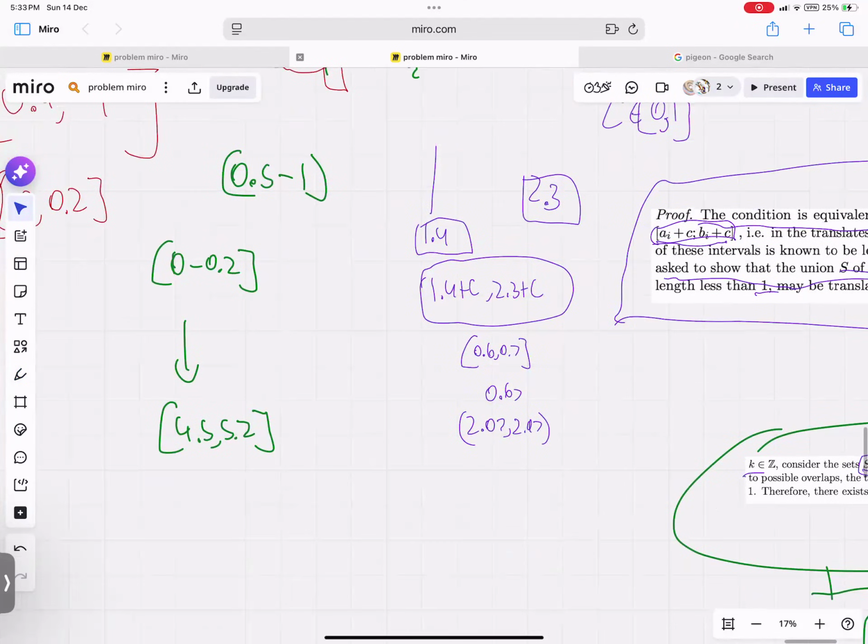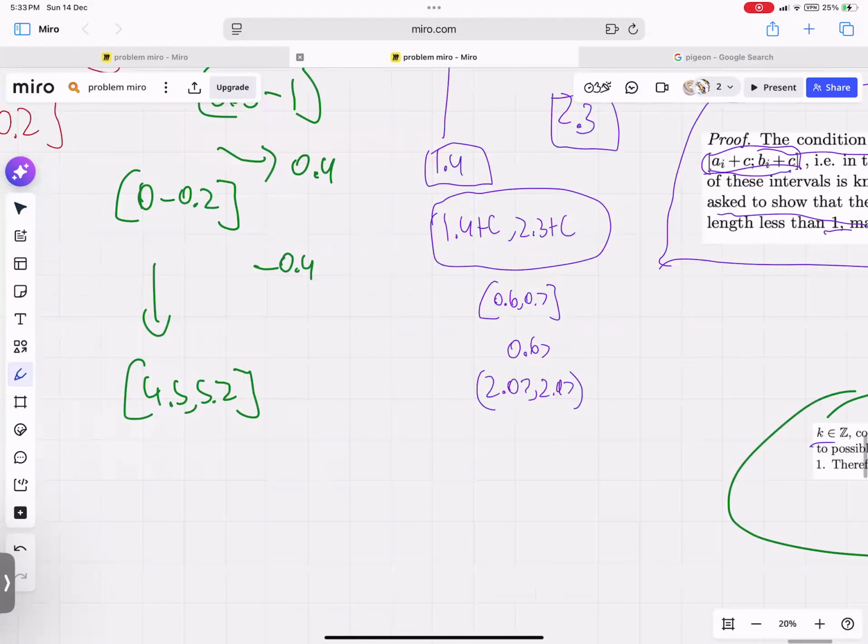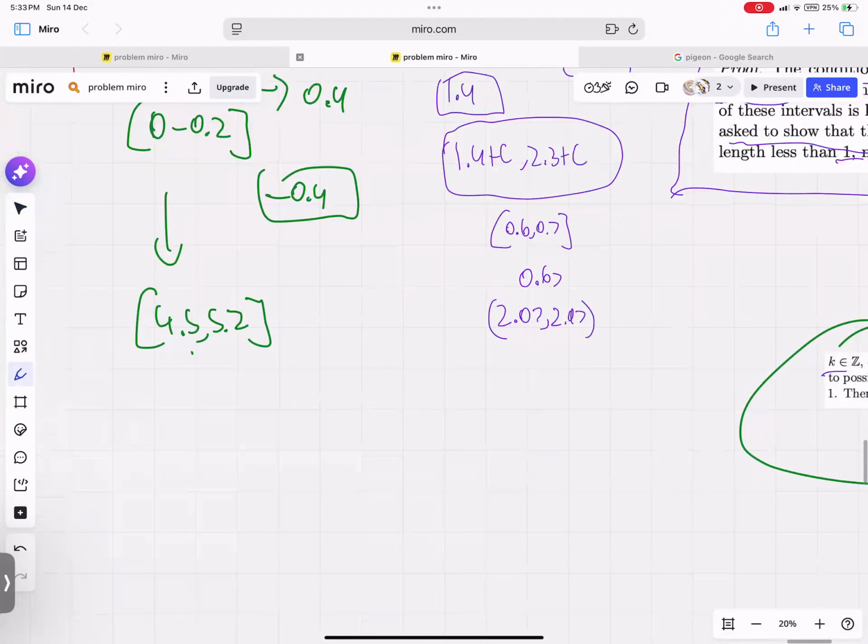And we have some value in between which isn't in our interval, so say 0.4. Now what I was saying is minus 0.4 works. That is because when we translate this interval by minus 0.4, we get 4.1, comma 4.8, and that has no integer.